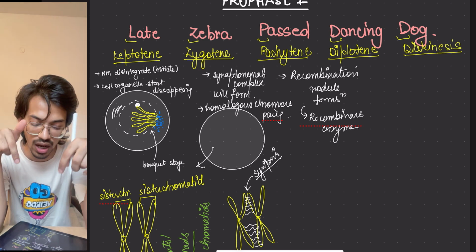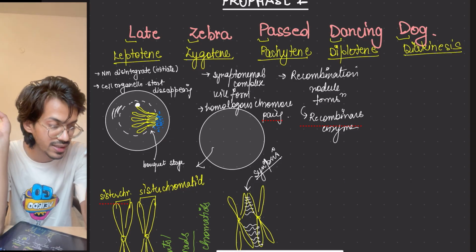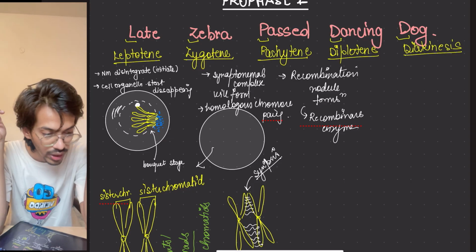So recombination occurs at which stage? Pachytene stage.